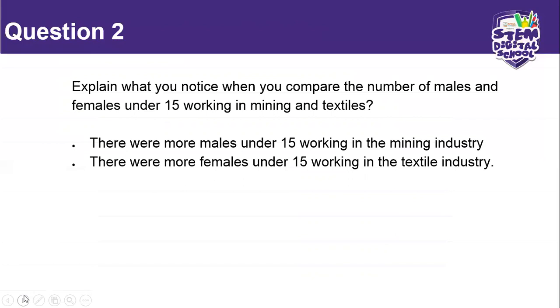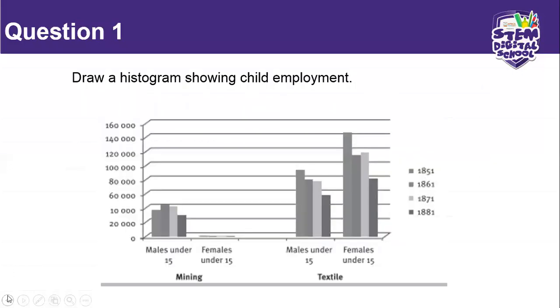If you look at the table, there were more males under 15 working in the mining industry. Let's go back and check on the table. As you can see from here, more males under 15 working in the mining industry. That's correct, right?